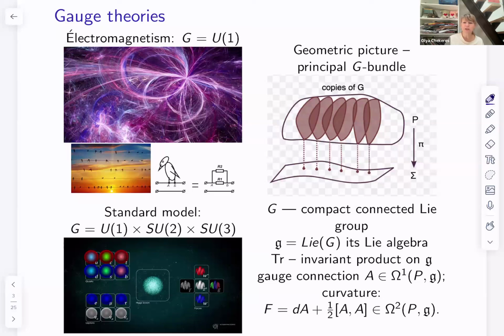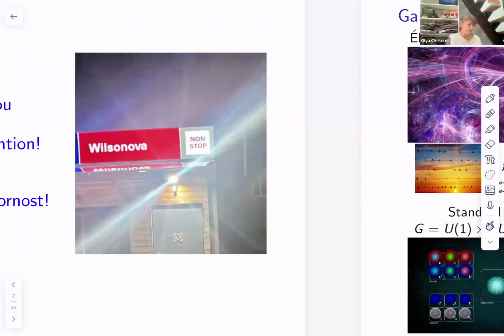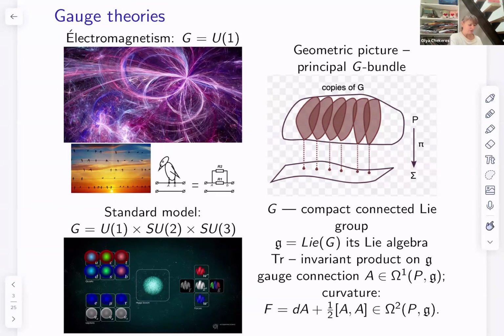Then the curvature of this connection corresponds to the field strength, and it is a two form. You can see the formula on the screen. It is a two-form defined on this bundle, also taking values in the Lie algebra.